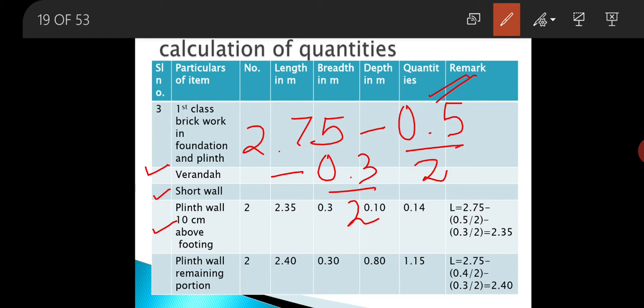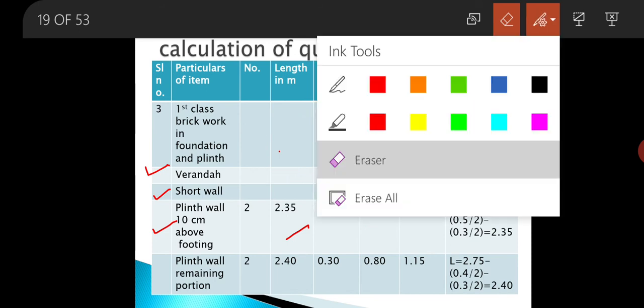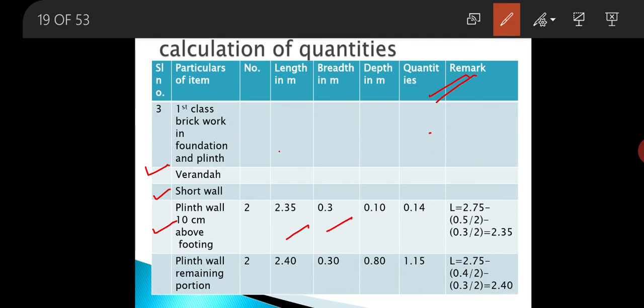So this will give you the length as 2.35, then width as the width of the plinth of the veranda is 0.3, and the depth is taken as 0.1. Clear?